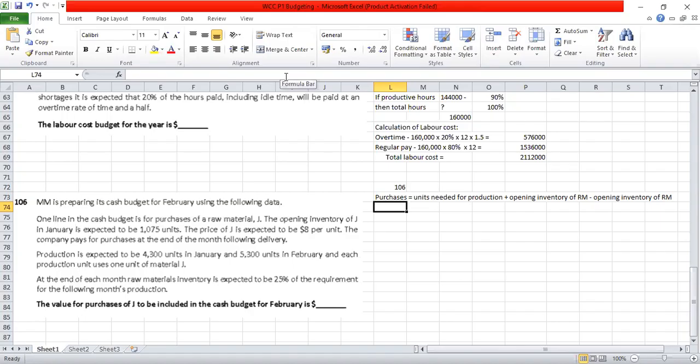The production in January is 4,300 and 5,300 in February.